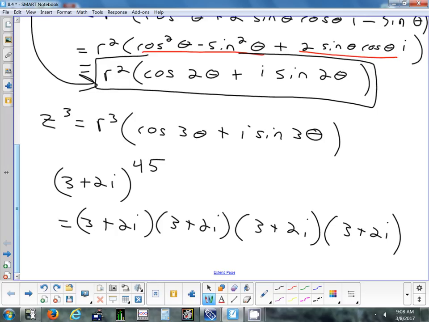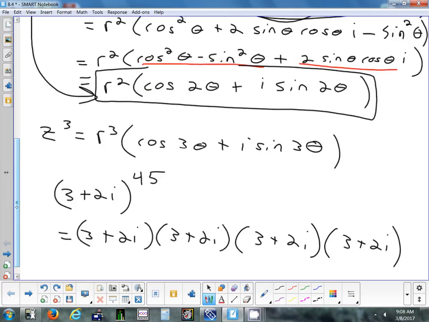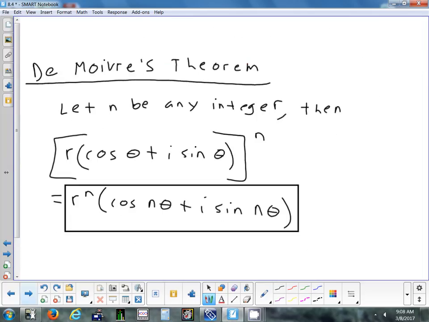If you wanted to raise something to the 45th power, you can't multiply it out 45 times. You'd probably make a mistake somewhere. But in trig form, all you'd have to do is take your radius, raise it to the 45th power, take your angle, multiply by 45, and you'd be done. So trig form is very fast to raise numbers to powers.